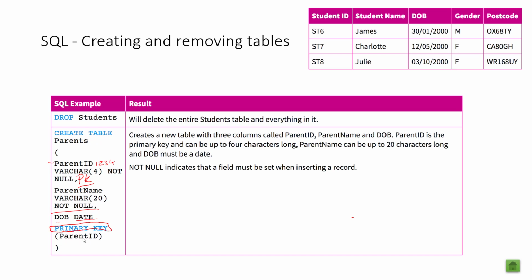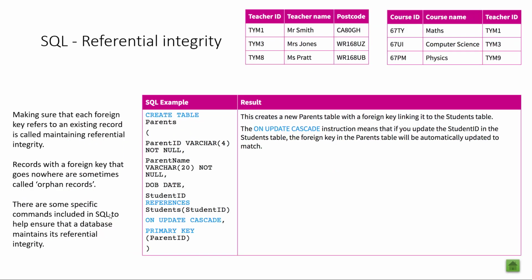And then here, we're told which one is a primary key, and I was right. Parent ID is a primary key, because IDs are normally primary keys, aren't they? Okay, now you can enforce referential integrity. If you don't know what that is, you can basically make things happen. So student ID references student ID.